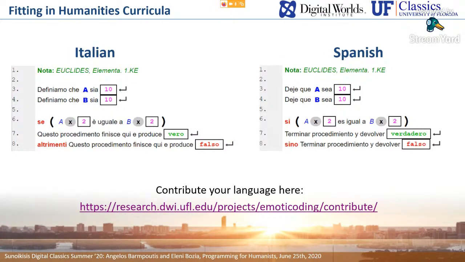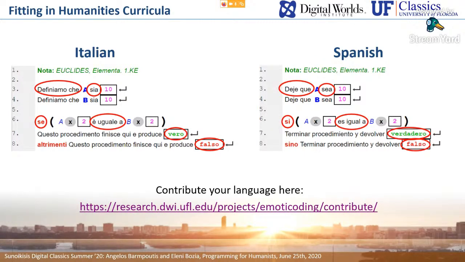Another interesting observation is that by switching from one set of text replacements to another, and this is shown with exactly the same example in Italian and in Spanish, you can even see the cross-alignment between the text replacements. You can see some similarities between the different languages, and of course, some languages have more similarities than others.